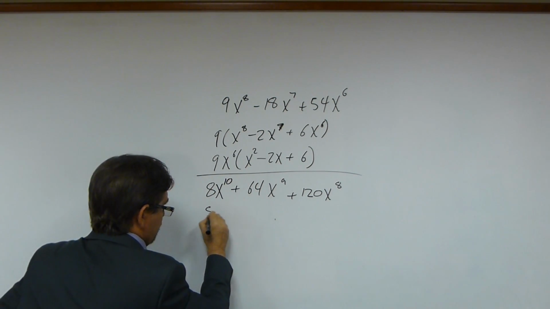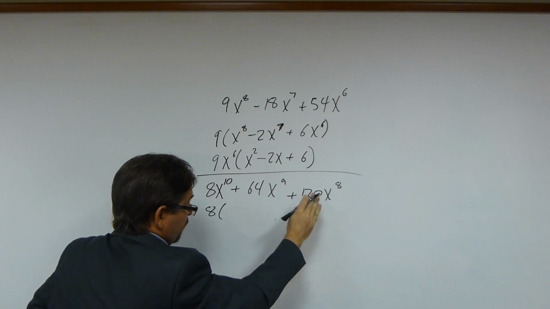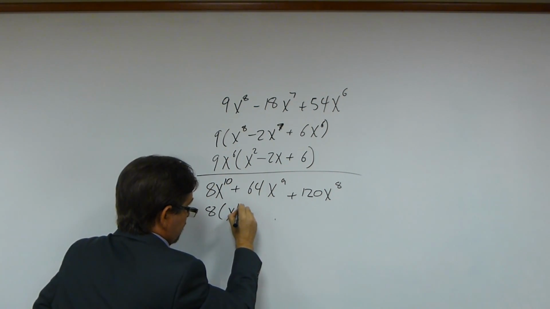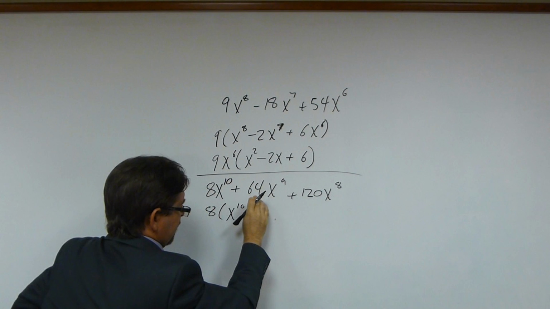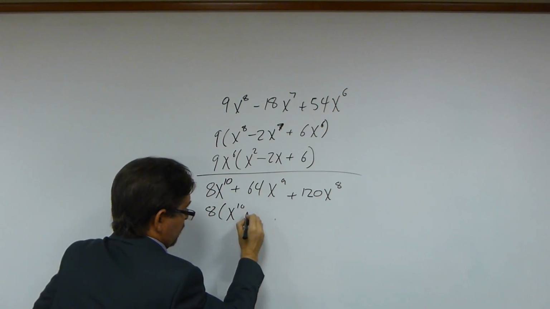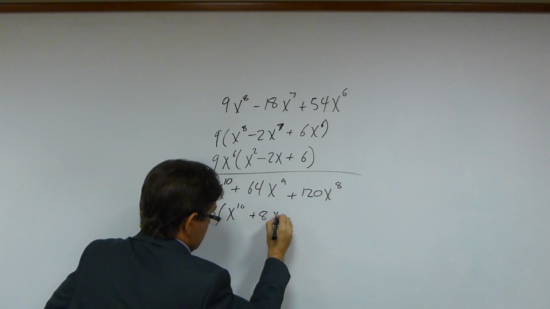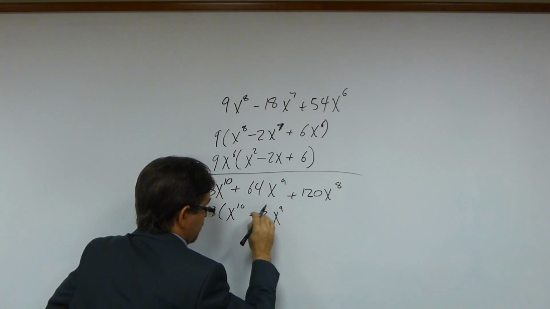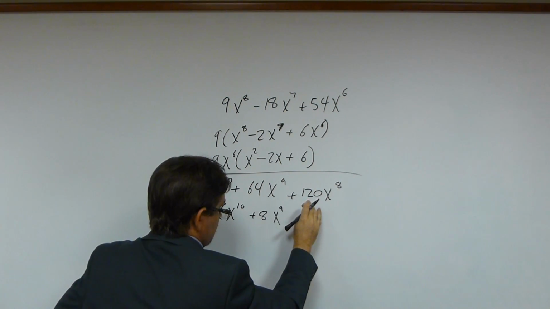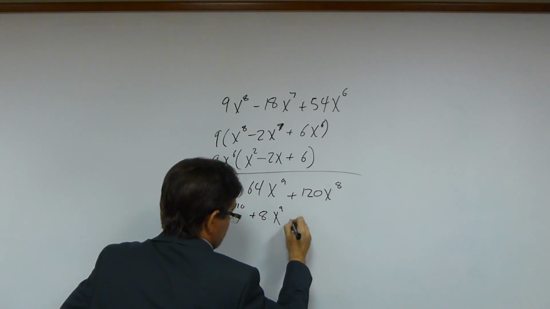Now I happen to know that 8 will divide each of these. So it's 8 times x to the 10, 64 divided by 8 is going to be 8, and 120, see, that was 15.